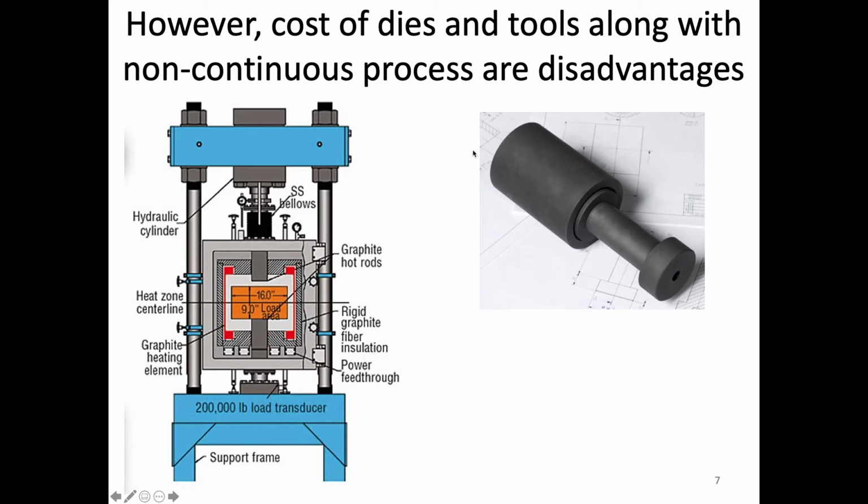Here, this is a graphite die, and when we talked about heating elements, we mentioned what can happen to graphite and how it can't be mixed with certain materials or it will reduce them. So there's lots of limitations. Also, if you think about it from a processing point of view, this is not going to lead naturally to a continuous process. All of those things would raise the cost of something that has to be hot pressed.